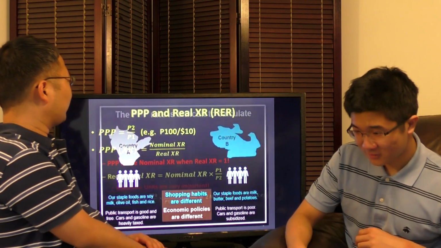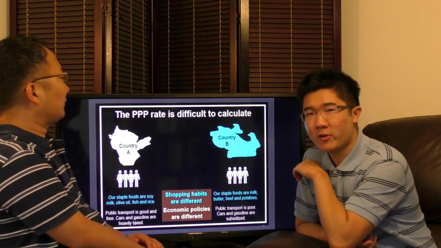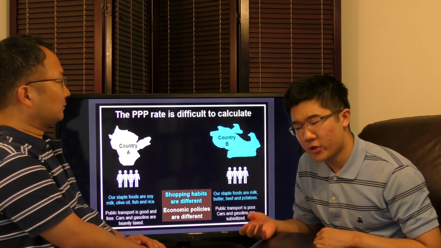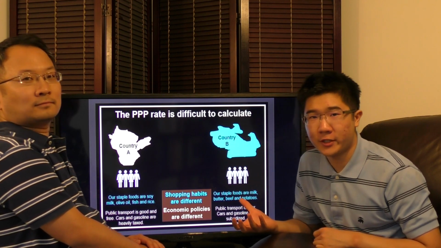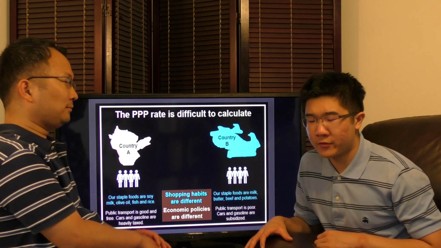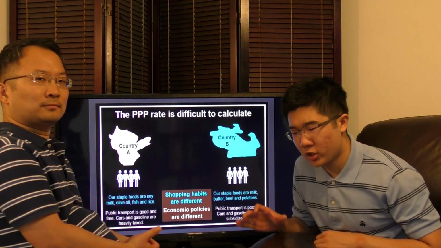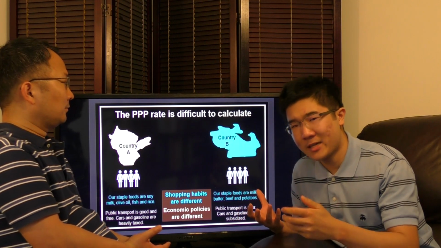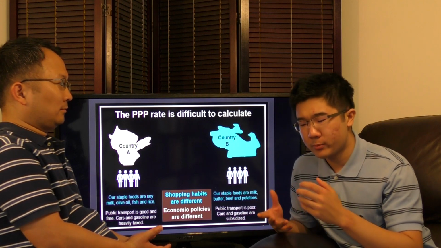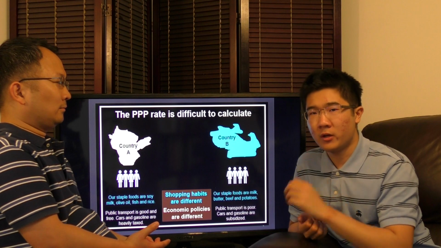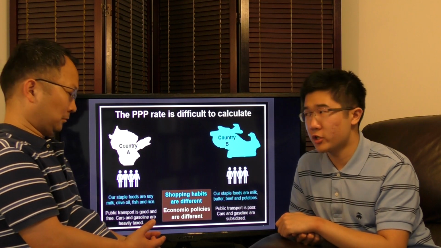However, PPP is based on comparing the same basket of goods between two countries. That's difficult because the cultures of two countries are usually different, which means the common basket of goods for one country is not the same as the basket in another country. To compare a constant basket of goods between two countries is difficult because goods might be valued differently, mainly because they're not staple goods in one country as they are in another.